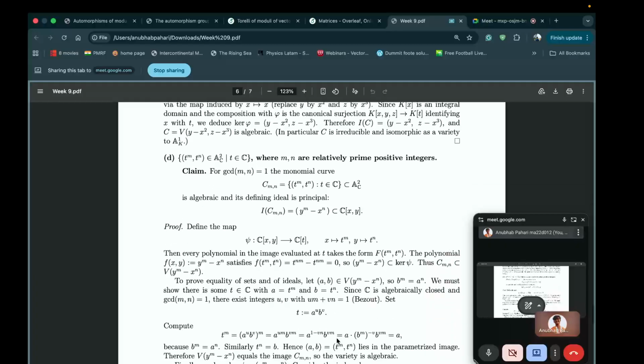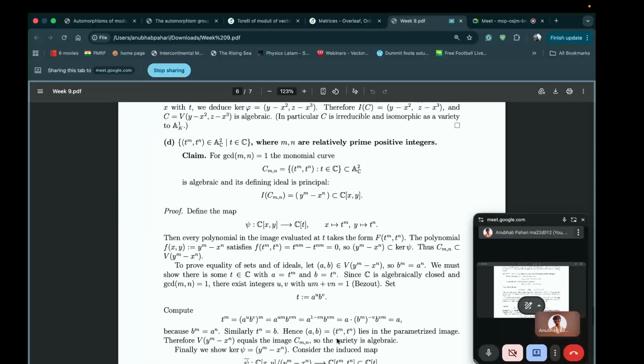Now let us focus on the next problem: (t^m, t^n), all the tuples in A^2(C) where t belongs to C, where m and n are relatively prime integers.